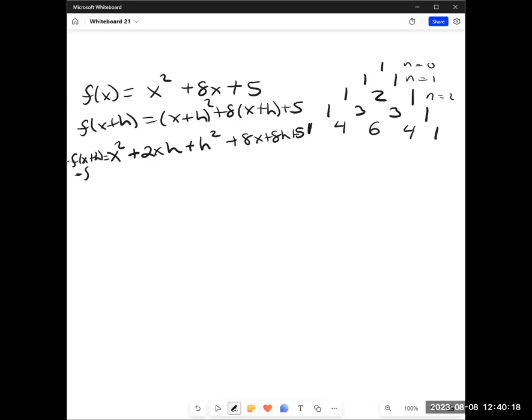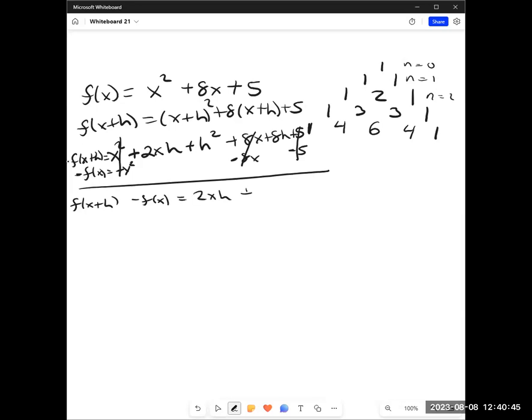Now I'm going to subtract my original f of x from that, and I have a minus x squared and a minus 8x and a minus 5. So all of my terms without h's are going to become 0. So the f of x plus h minus f of x is going to leave me with a 2xh plus h squared plus 8h. I'm going to divide everything by h here.